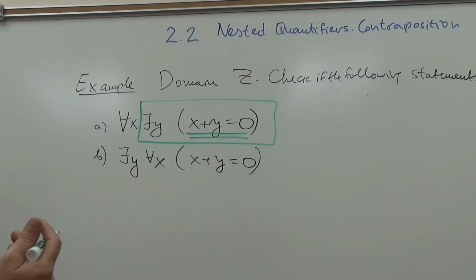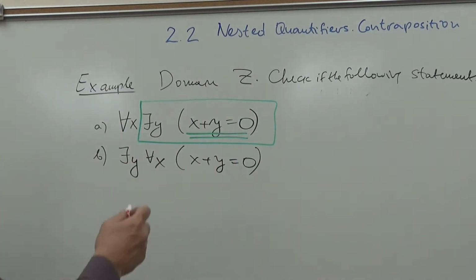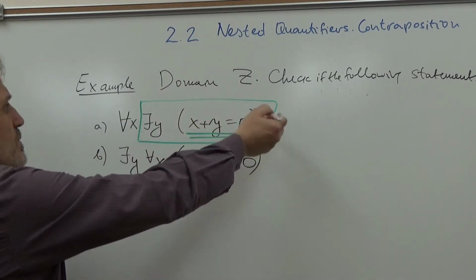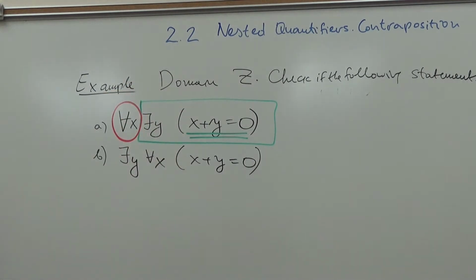But then after that, we also got for every x. That's what actually makes this a situation with nested quantifiers, because we have one quantifier and then the second one referring to this formula that already involves the first quantifier.